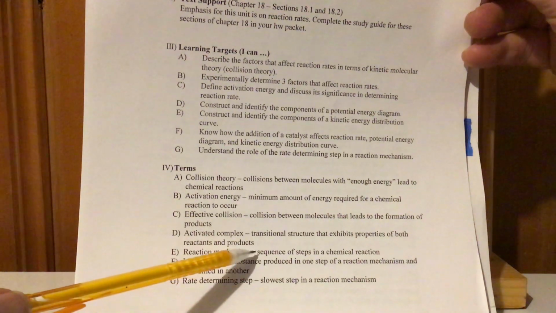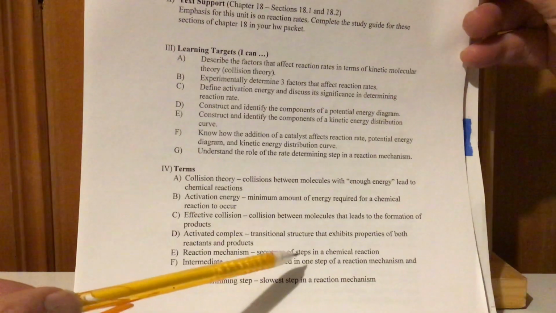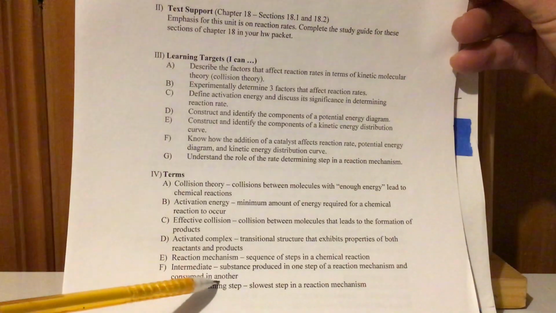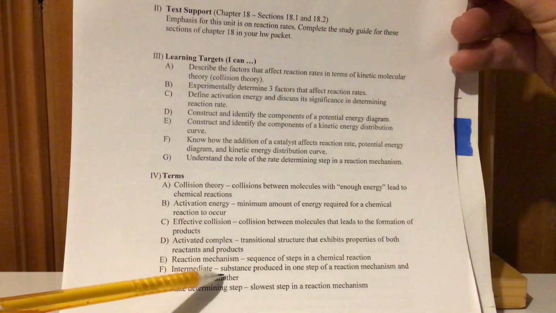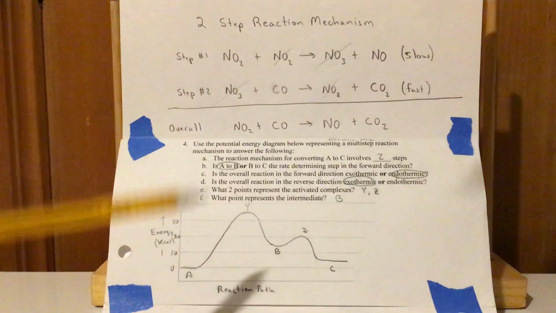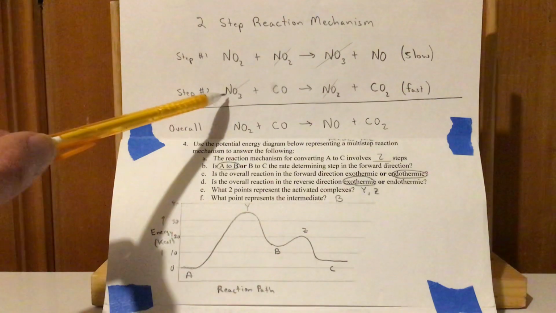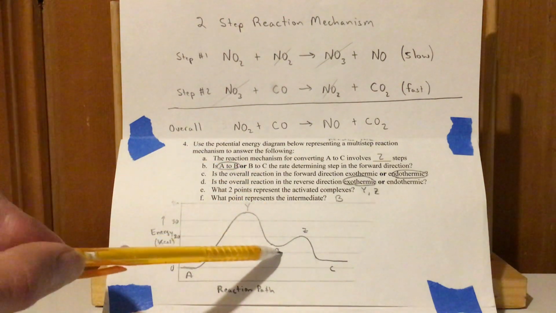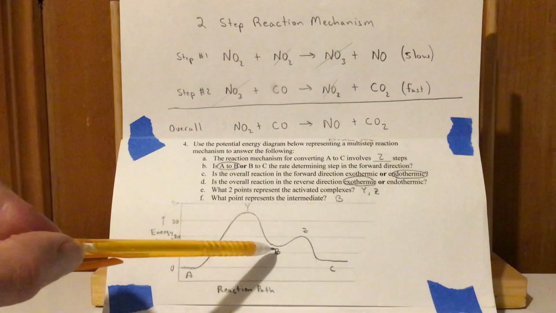An intermediate is a substance produced in one step of the reaction mechanism and consumed in another, and the NO3 was an example we just demonstrated. Formed in one spot, used up in the next, it's this in-between point right here. Activated complexes up here are very unstable; the intermediate is a semi-stable spot right there.